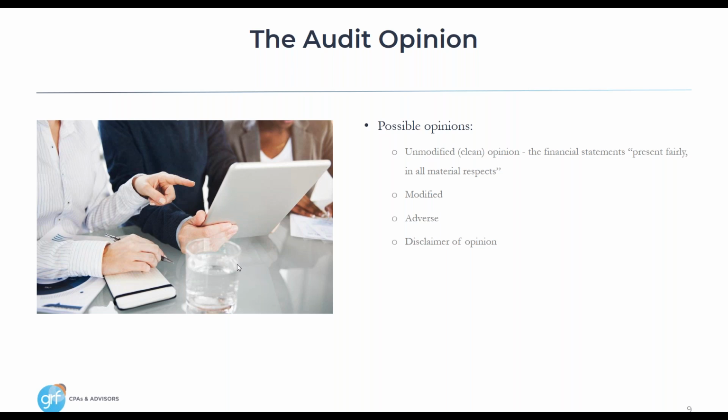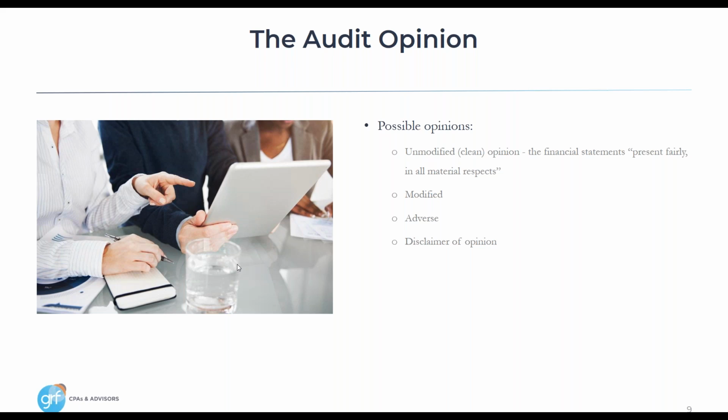An audit provides the highest level of assurance, but keep in mind, it provides reasonable assurance and not absolute assurance. And based on the auditor's test work, the auditor will render an opinion, and they are listed on the slide. It's the unmodified, qualified, adverse, or disclaimer of opinion.